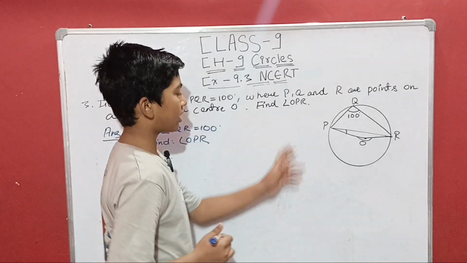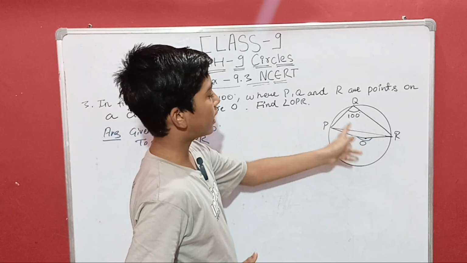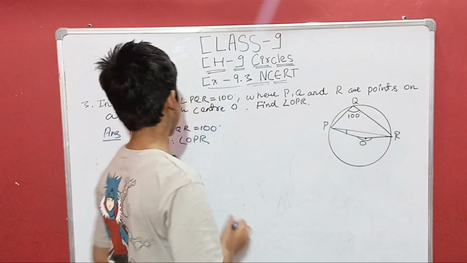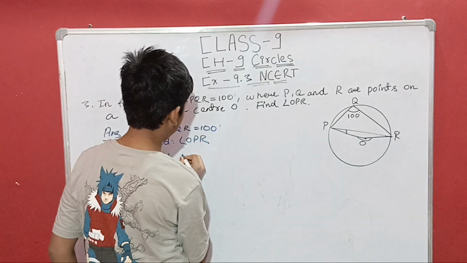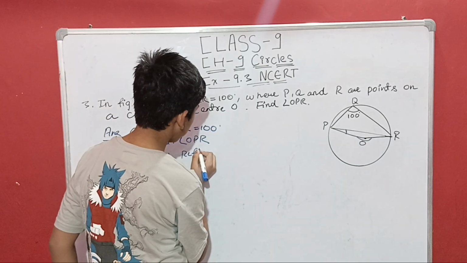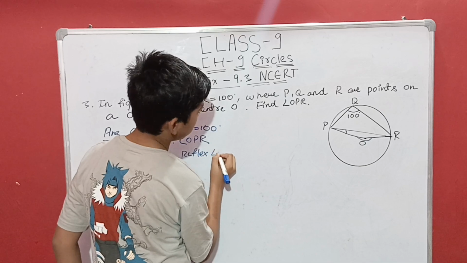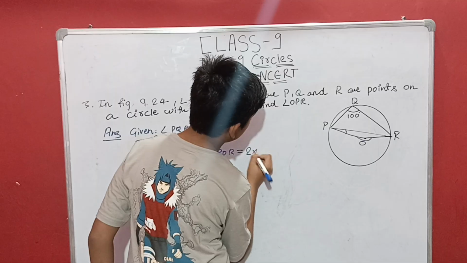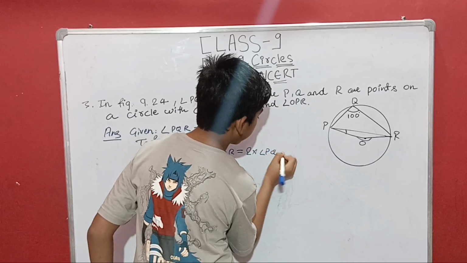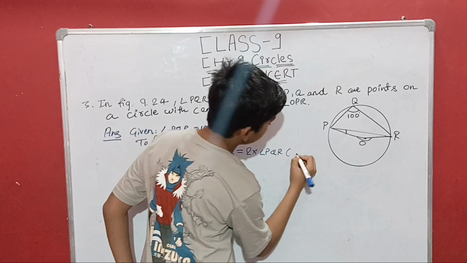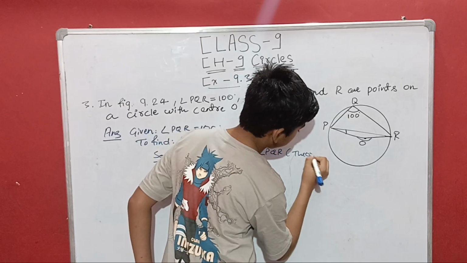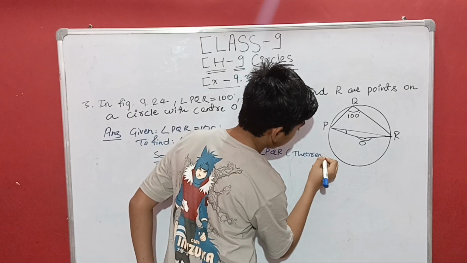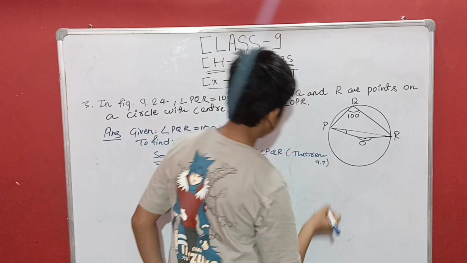So what should we call this angle? This angle will be reflex of angle POR. So reflex of angle POR is equal to 2 times angle PQR. Why? Because of theorem 9.7.